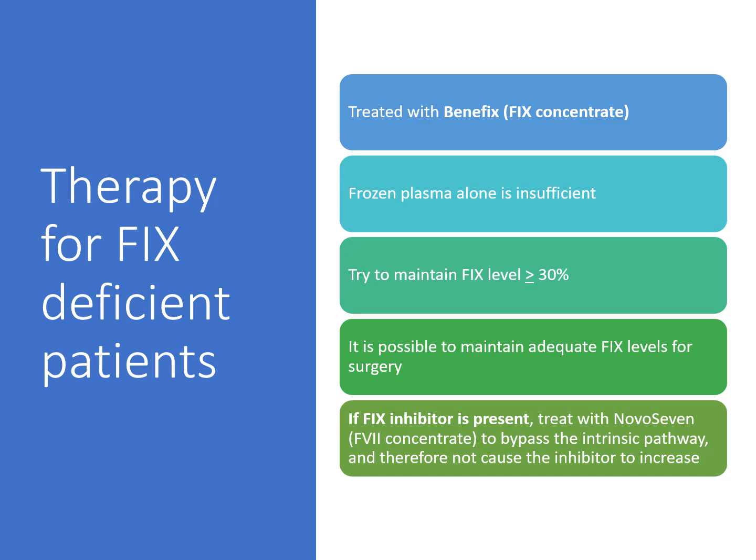And Benefix ends in IX, which is the same as the Roman numerals for factor IX. So if you have difficulty memorizing those replacement therapy names and the factors that they go with, those are at least two easy ways to remember factors 8 and 9.